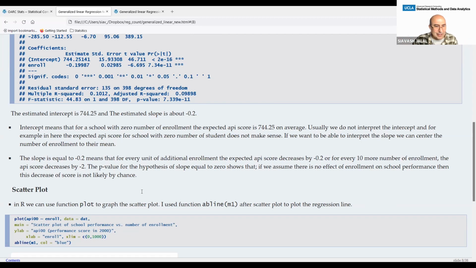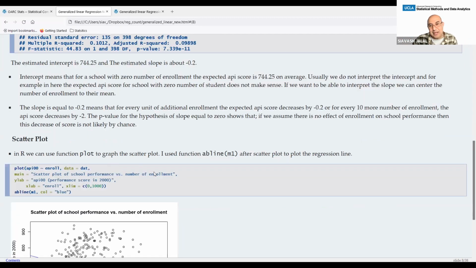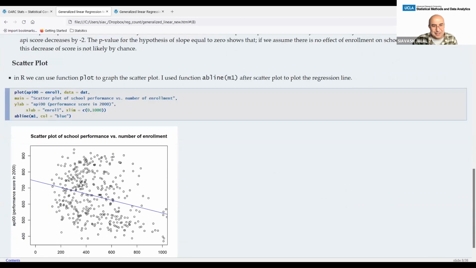And another thing that we should sometimes do before looking at the relationship is plot it using a scatter plot. In R, you can just use plot and then use that model formula again, with data, or dat here. And you can set the main title and the x value, y value, and then plot it, right?